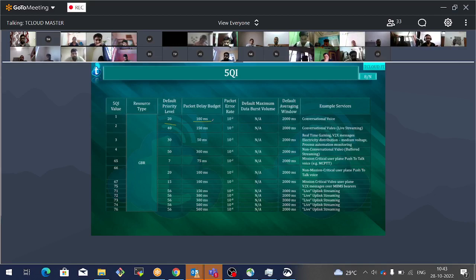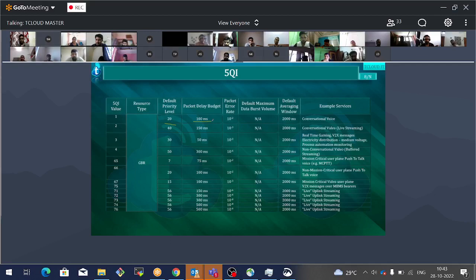That is the limitation. So your network will have to make sure to provide you that service within the PDB. And we have learned all those conditions already. 98% of the packets should not cross the PDB in GBR cases. That means if you have generated 100 voice packets, right now I am speaking, my computer may take my voice in, for example, every 20 milliseconds, and convert it into a VoIP packet.